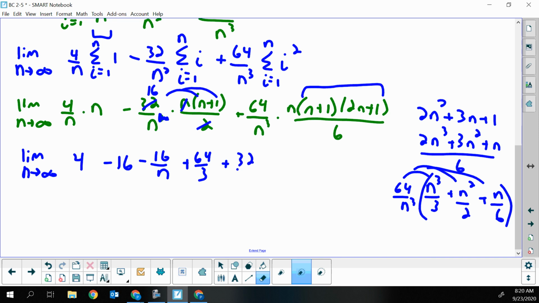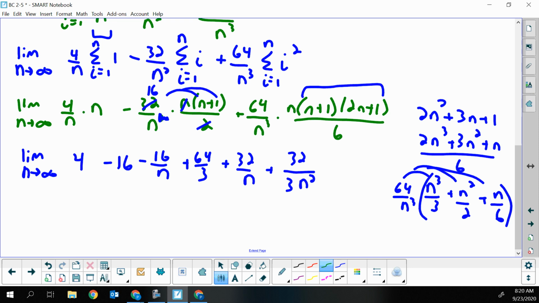So we have 32 over n. And then distributed to the last thing, you'll have an n squared left on the bottom, and 64 over 6 reduces to 32 thirds. So it's messy, but we're almost there.